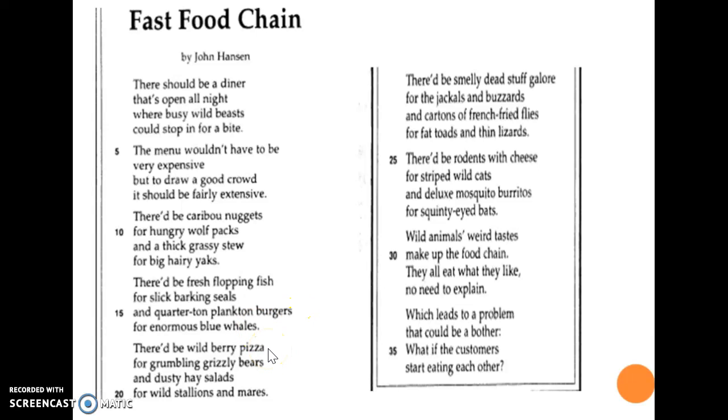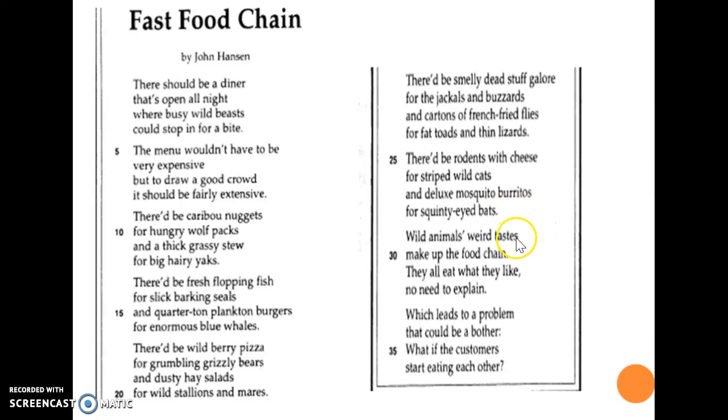In the next stanza, we're up to M, N, O, and N. Bears and mares rhyme. And then up here, we're at P, Q, R, Q. Buzzards, lizards rhyme. S, T, U, T. Cats and bats rhyme.